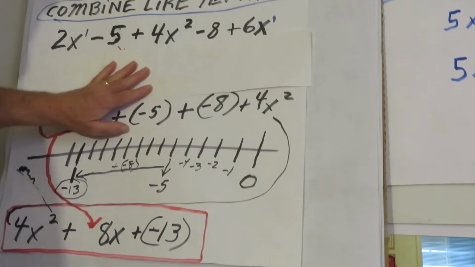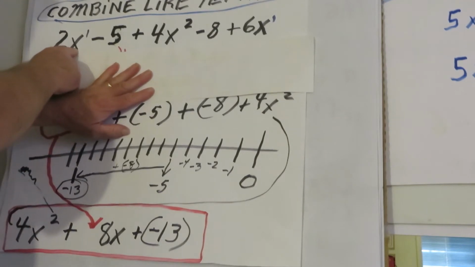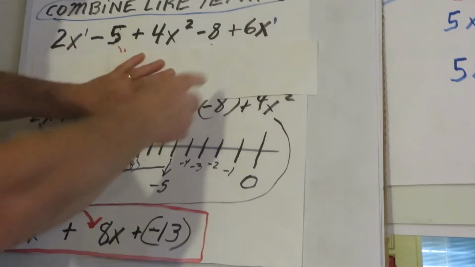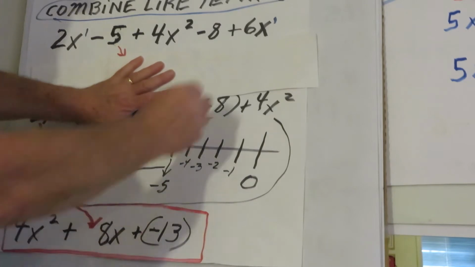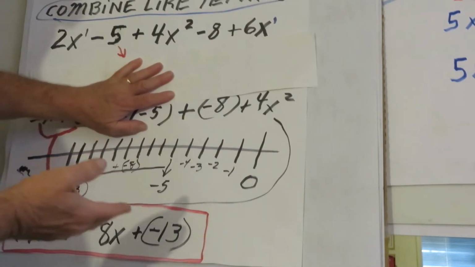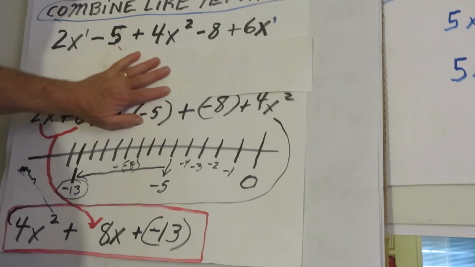So beginning with this problem, I can see that 2x to the first power and 6x to the first power, those two can be combined. Usually people don't put the 1 for the first power. X is x to the first power, but I did just to let you know.